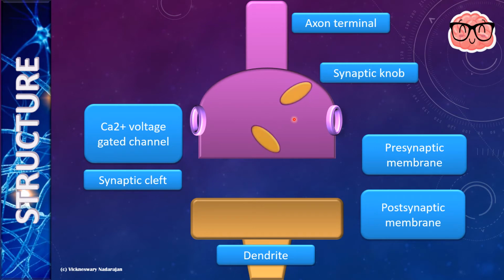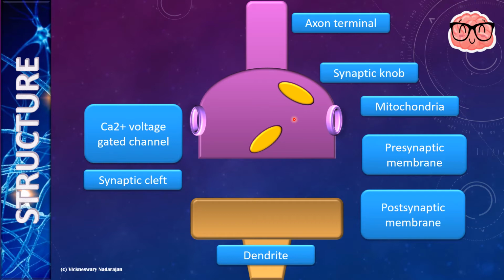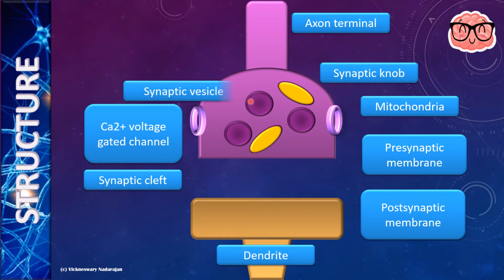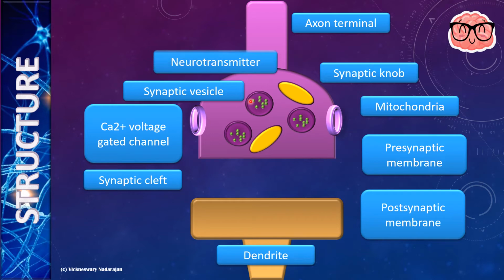The first one is the mitochondria, which will generate ATP. And we have vesicles called synaptic vesicles, which contain the chemical, that is neurotransmitters. So that is the detailed structure of the synaptic knob.